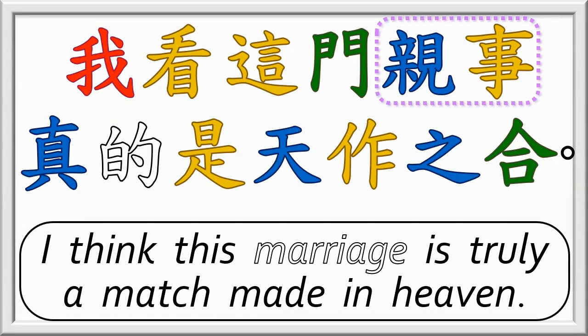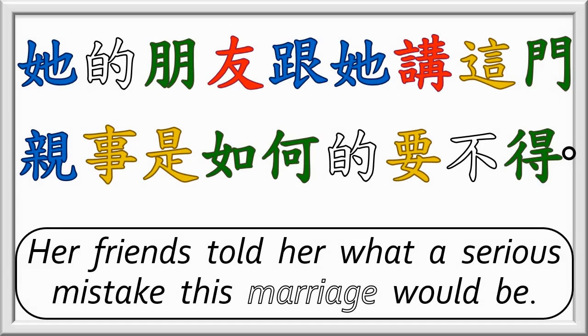亲事 is an expression referring to marriage as an event, with 门 as its measure word. 我看这门亲事真的是天作之合. I think this marriage is truly a match made in heaven. 他的朋友跟他讲这门亲事是如何的要不得.